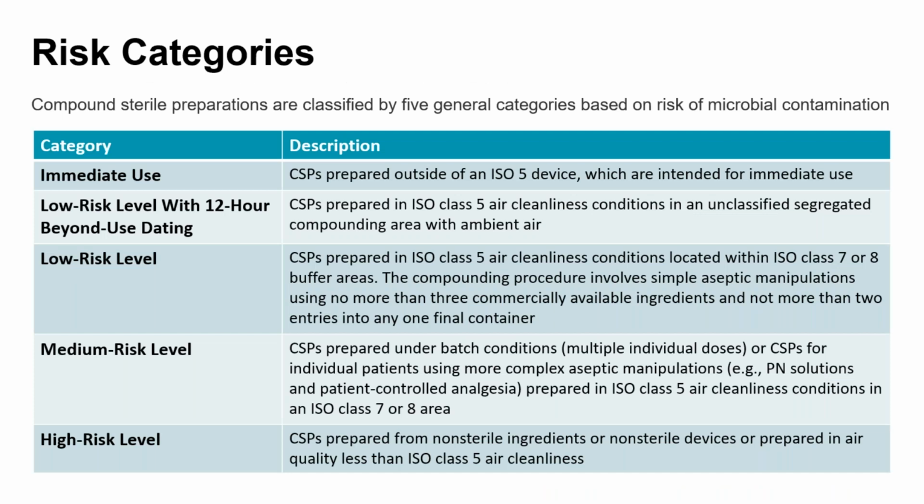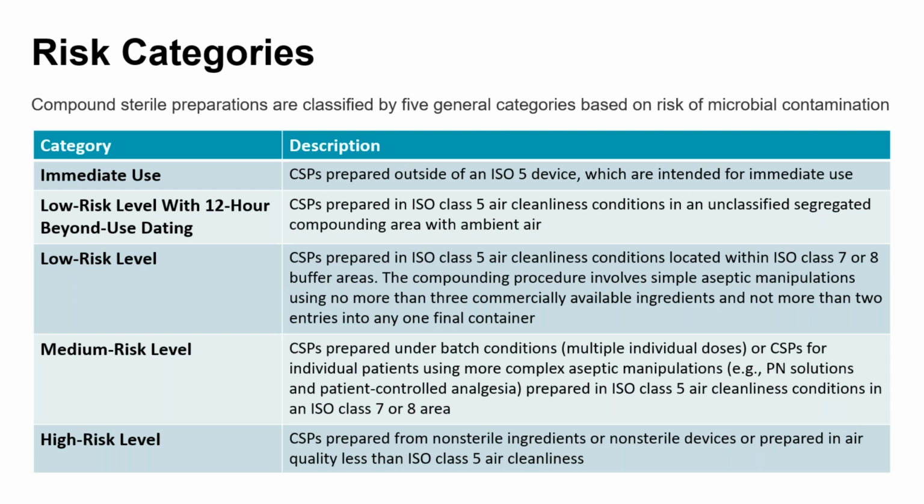So, some risk categories. Compounded sterile preparations are classified into 5 general categories based on risk of microbial contamination. You have your immediate use, which is prepared outside of an ISO 5 device and intended to be used immediately. You get them ready and then you use them. That's what the word immediate means, in case any of us forgot.